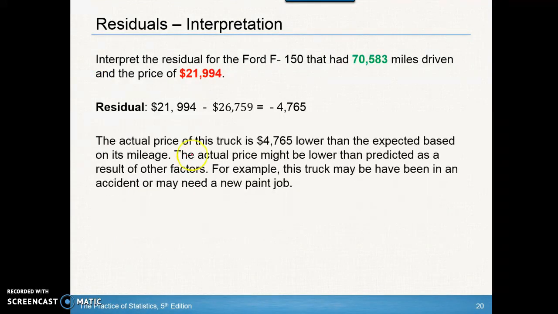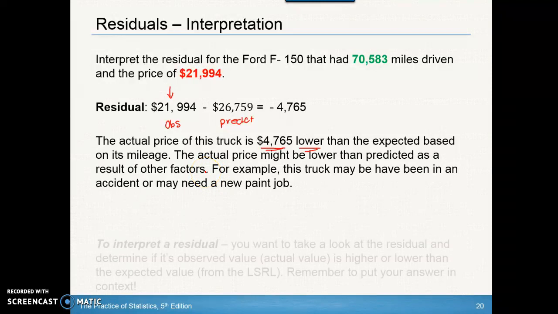So basically what that means is, if this is the observed minus the predicted, the actual price of this truck, so here's what you actually collected, is $4,765 lower than, because this is a negative, the expected price based on its mileage. The actual price might be lower than the predicted as a result of other factors. The truck might have been in an accident or might need a new paint job.